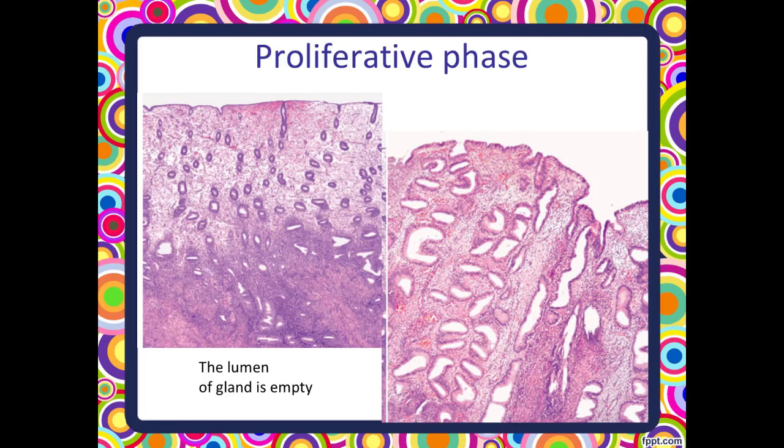Stromal cells will proliferate and secrete extracellular collagen to the stroma, and spiral arteries lengthen again with the re-establishing of the endometrium. So the uterine glands now have a narrow lumina, and they are straight, but at the end of this phase, they start to appear wavy, like that.